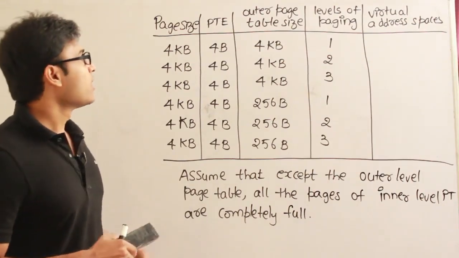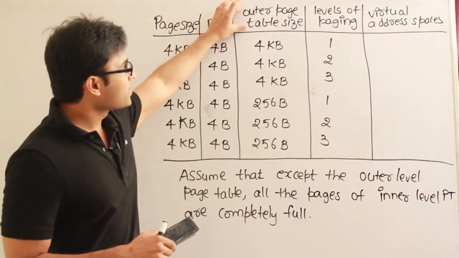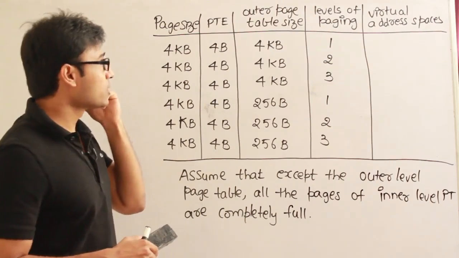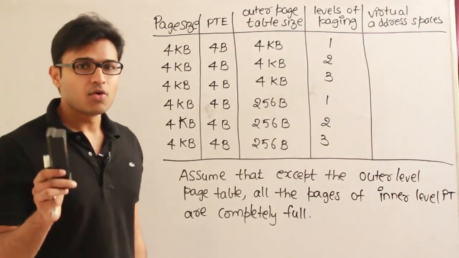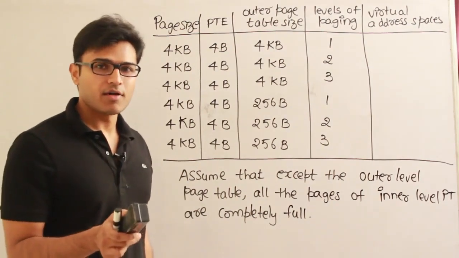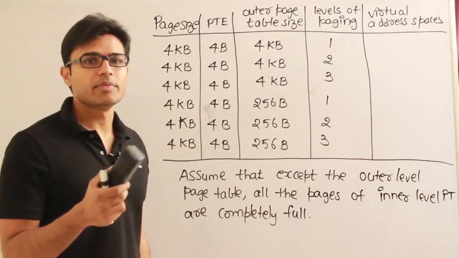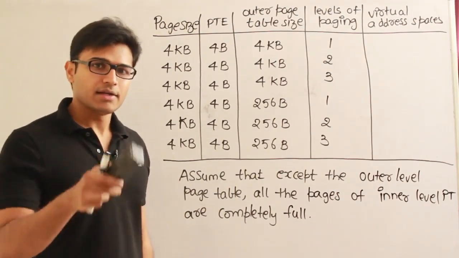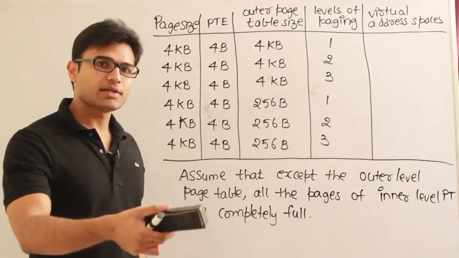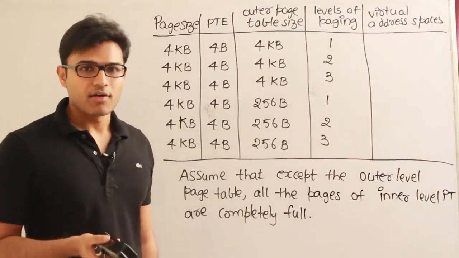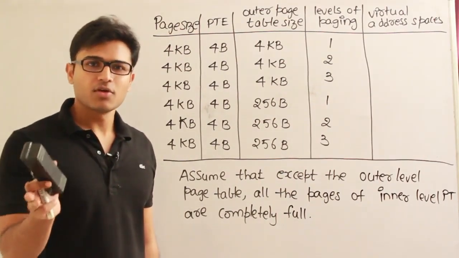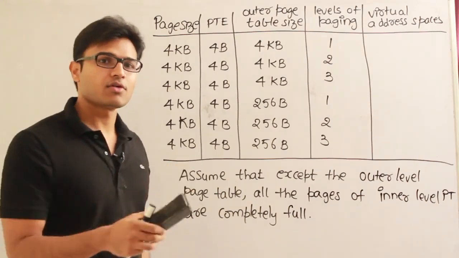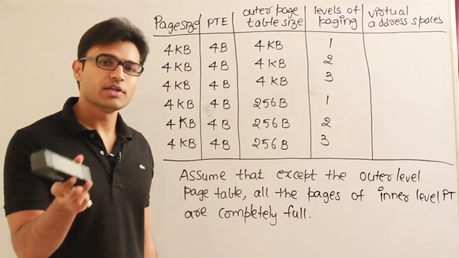They are giving the outer page table size. Why should they give the outer page table size? The only page table which will not completely fill a page is the outermost page table, right? Why do we go to another level? Only when the page table is too big to fit in one page.